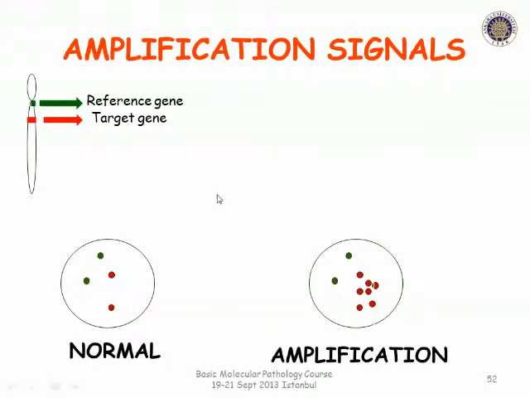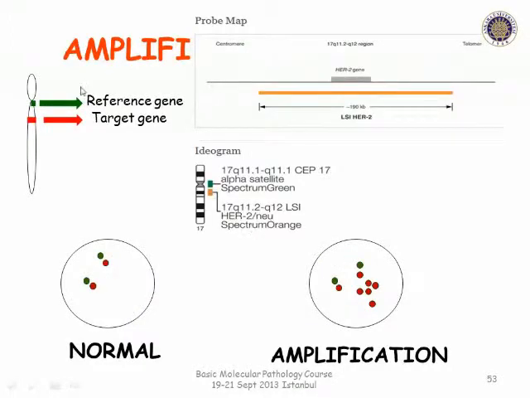For amplification signals, you need to have a probe for your target gene, and also a probe for a reference gene on the same chromosome. Normal signals should usually be two target to two reference signals, and amplification is decided by the proportion between these signals.